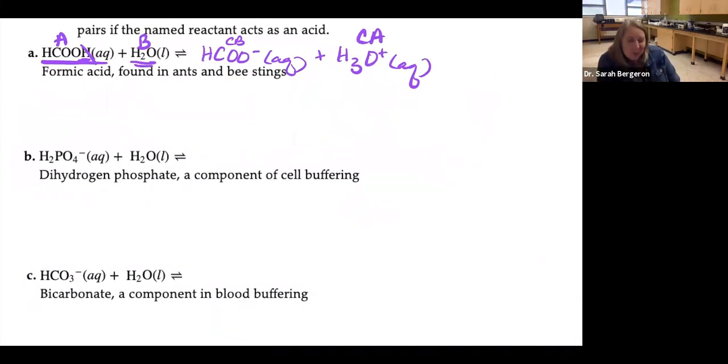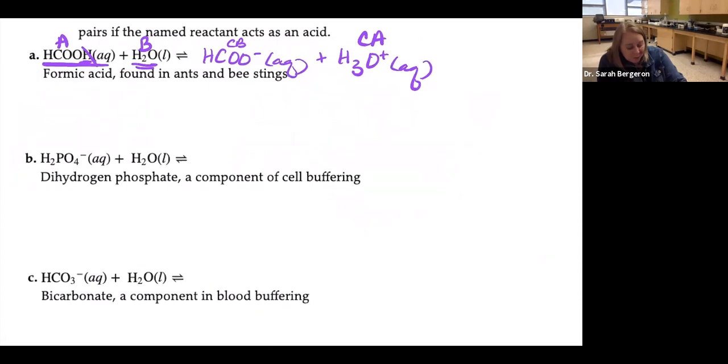All right, H2PO4 minus, dihydrogen phosphate, a component of cell buffering system. All right, so what's gonna happen? We're told that the dihydrogen phosphate is gonna act as an acid, so my water is gonna act as a base. Sometimes I like to do water first because it's sort of easy. So if it's gonna be a base, it's gonna accept a hydrogen, so we're gonna have H3O plus, aqueous.